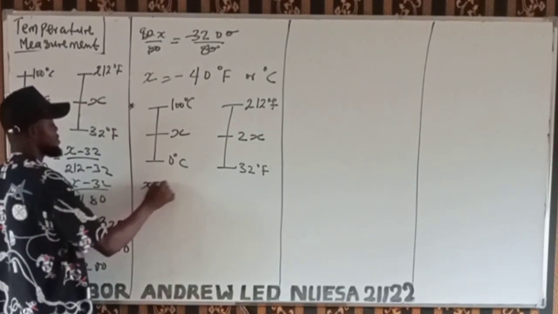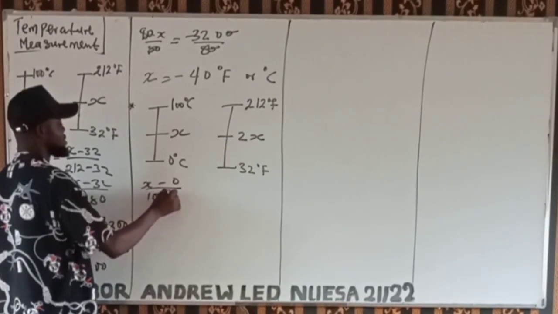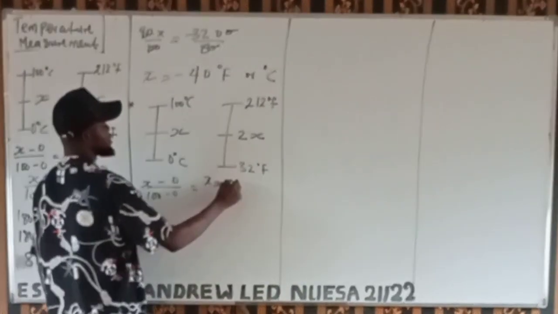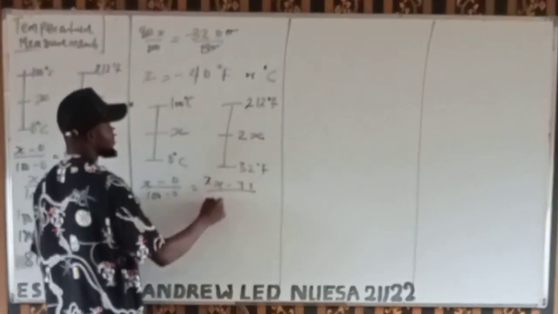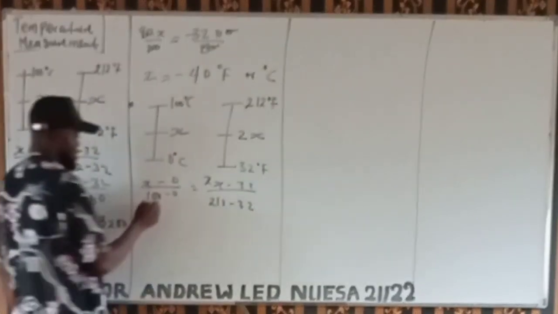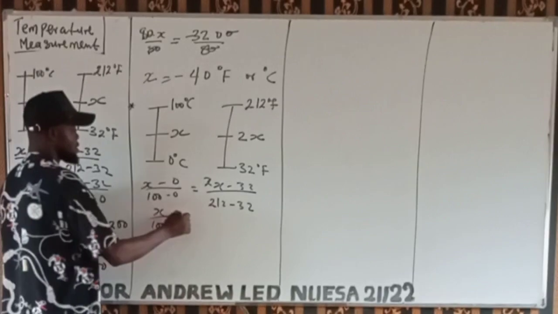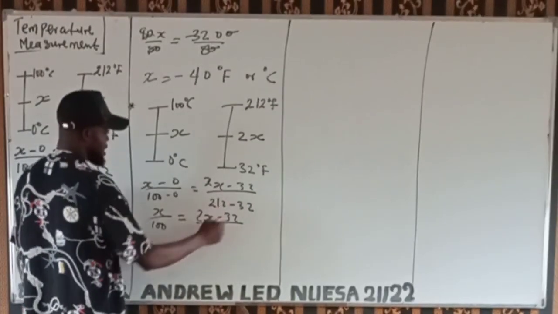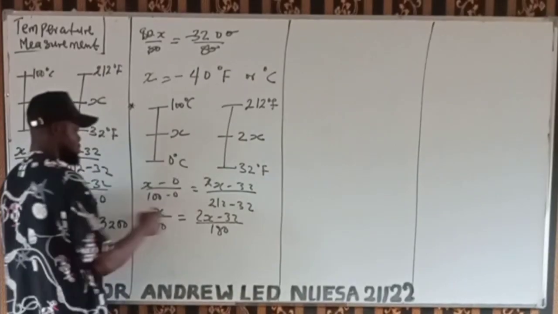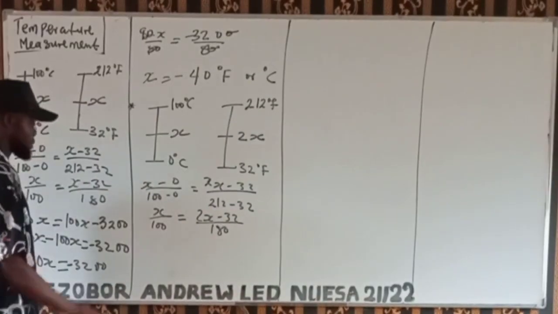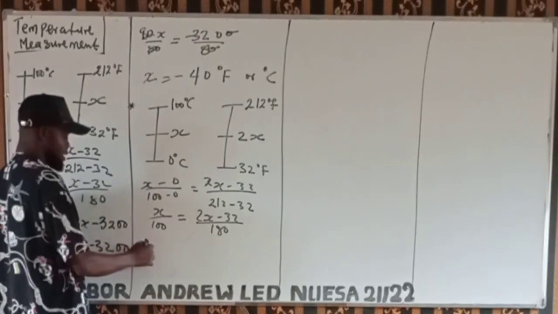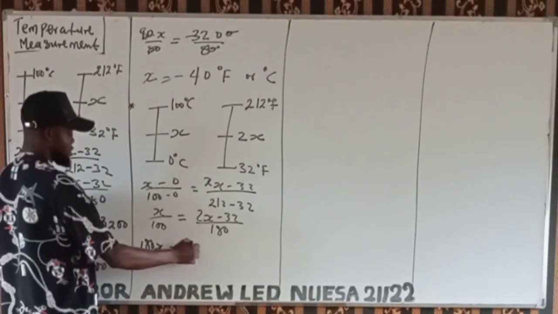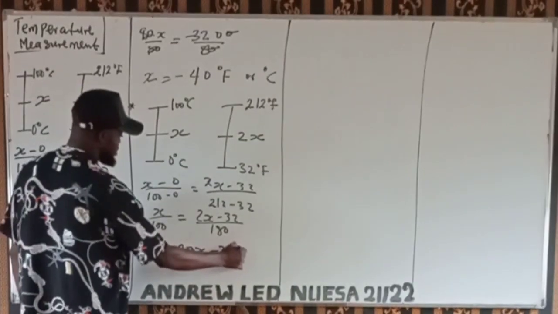So x minus 0 all over 100 minus 0 is equal to 2x minus 32 all over 212 minus 32. So it gives us x over 100 is equal to 2x minus 32 all over 180, right? So you have to cross multiply. So you have 180x is equal to 200x minus 3200.